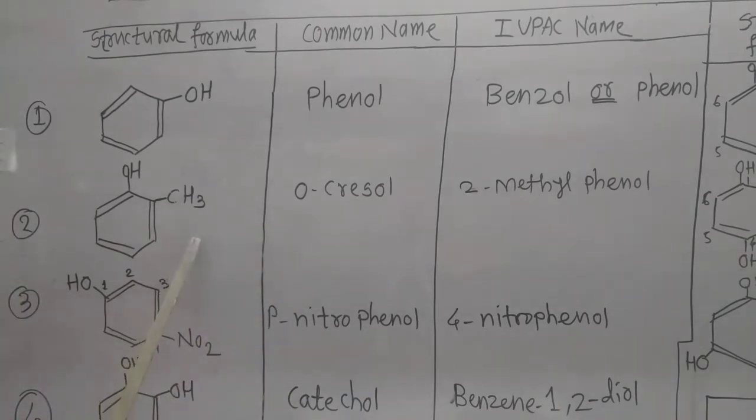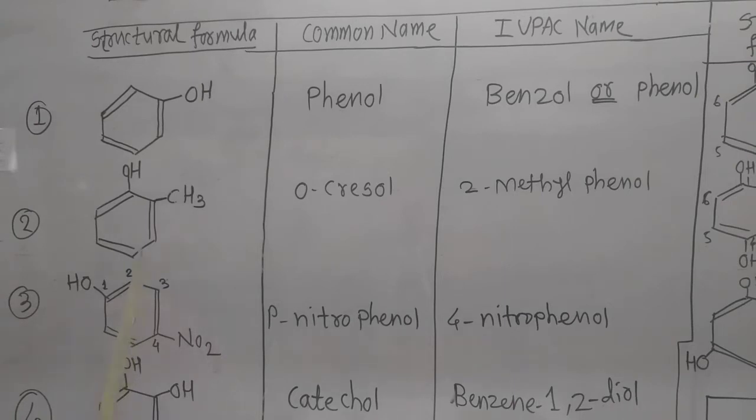If the methyl group is present at the meta position, it is called metacresol, and if the CH3 group is present at the para position, it is commonly called paracresol.